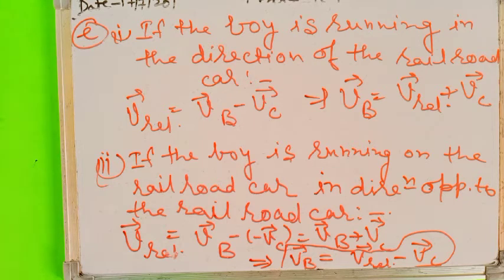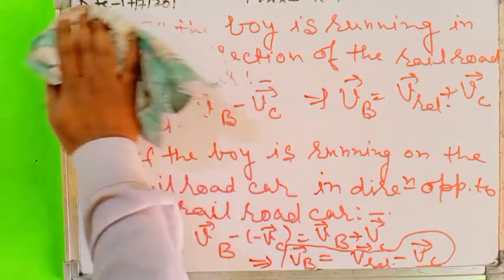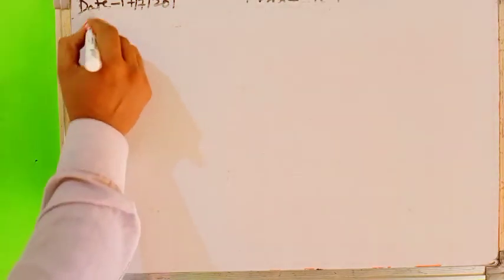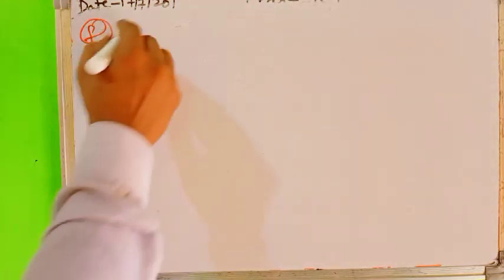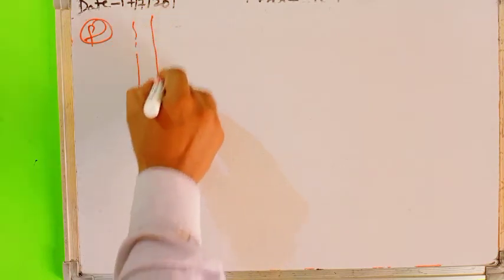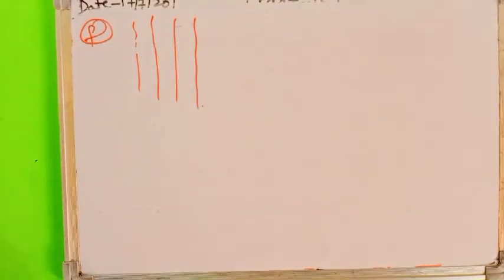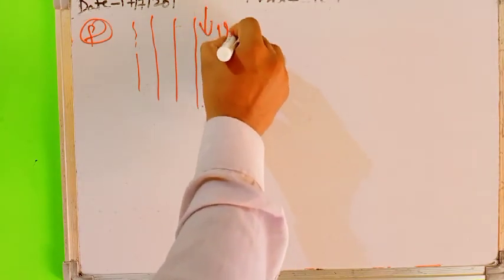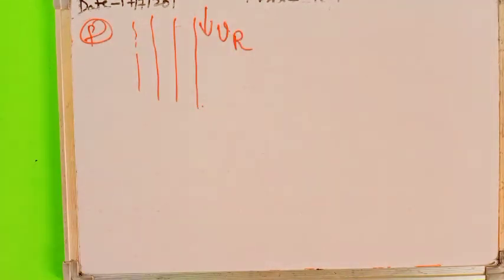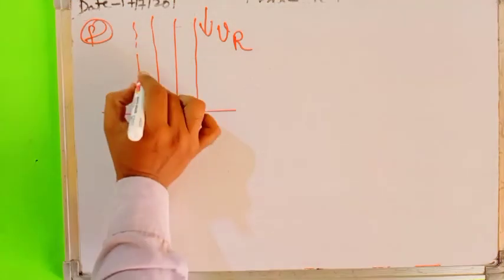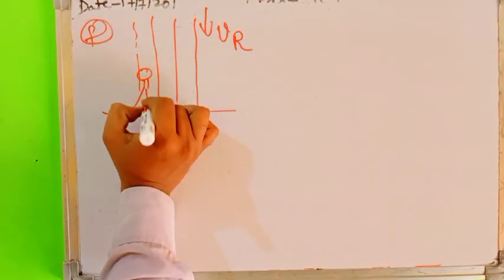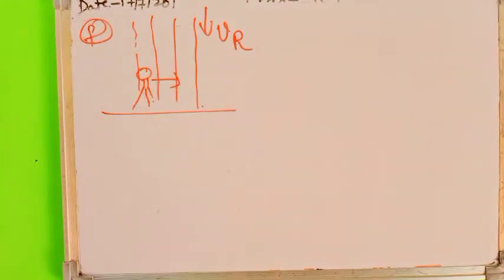And the last case is the rain problem. We will discuss about the rain problem. Suppose rain is falling vertically downward, and this is the velocity of rain, and a man with umbrella in his hand moving in horizontal direction.